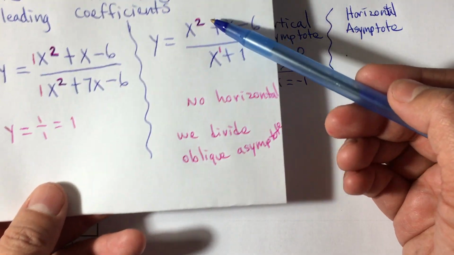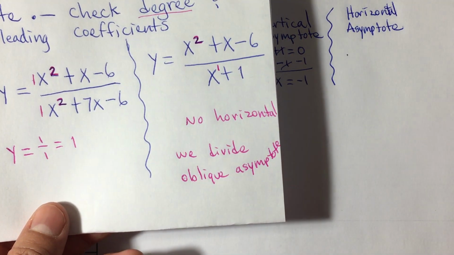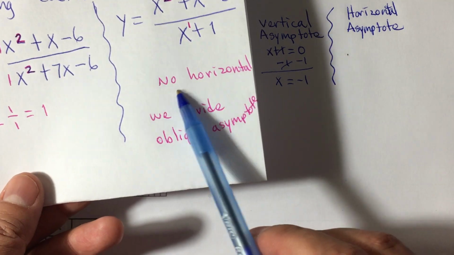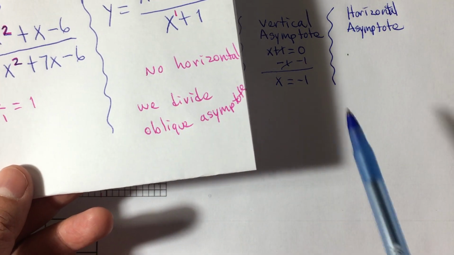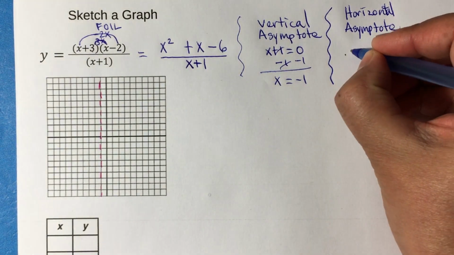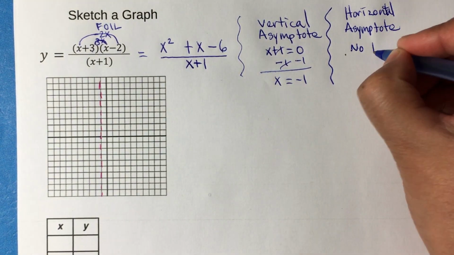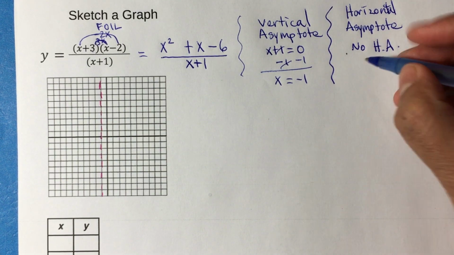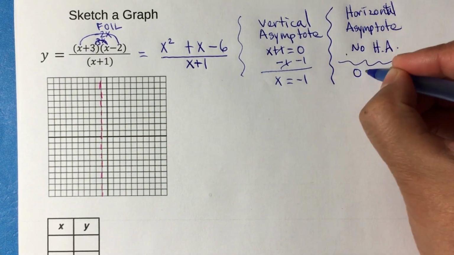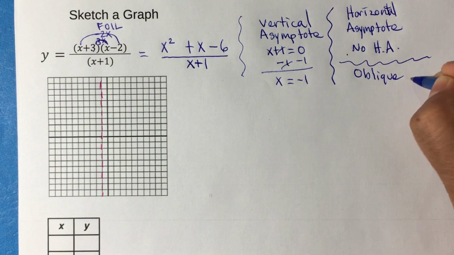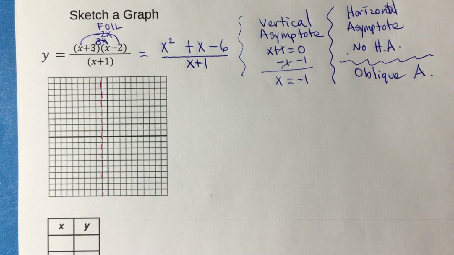Since it's top heavier, or it's heavier on the numerator, then there is no horizontal, so we have to divide to find the oblique asymptote, okay? So we say that there is no horizontal asymptote, and so we find the oblique asymptote. And so how do we do that?